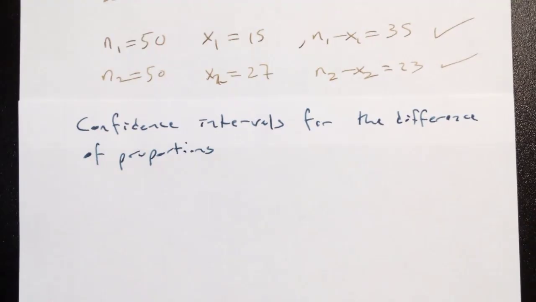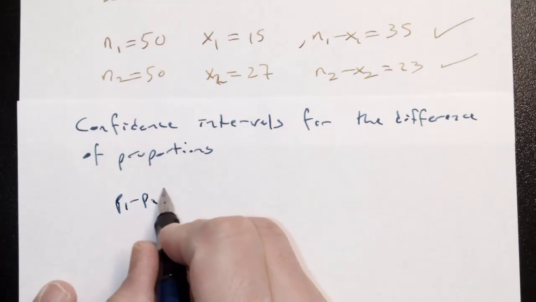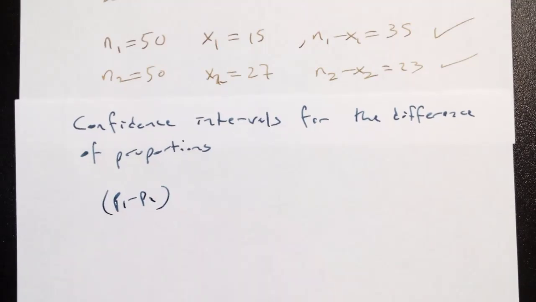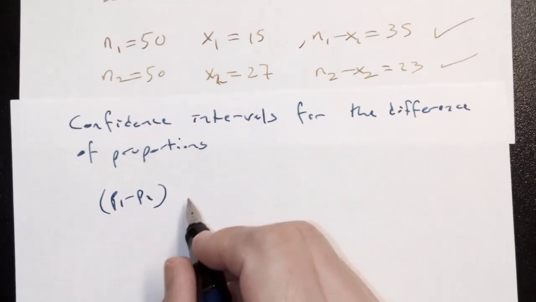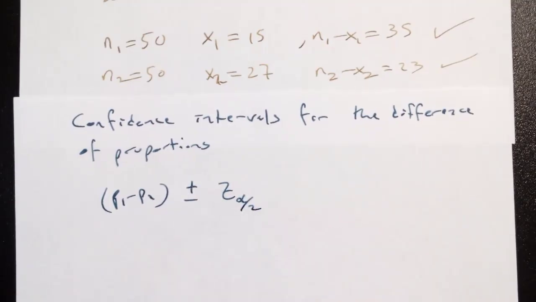Well, if I've got a confidence interval, I should be able to find it by taking the difference in my populations and then adding or subtracting the z-value times the standard error.